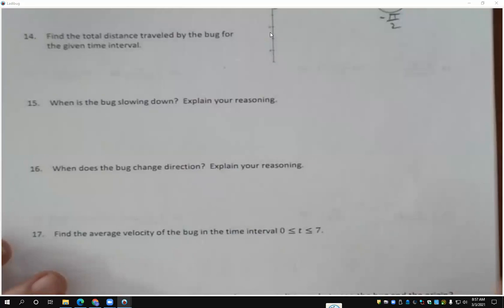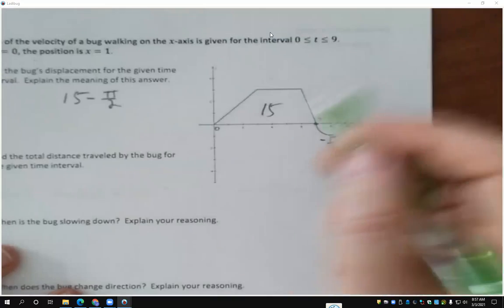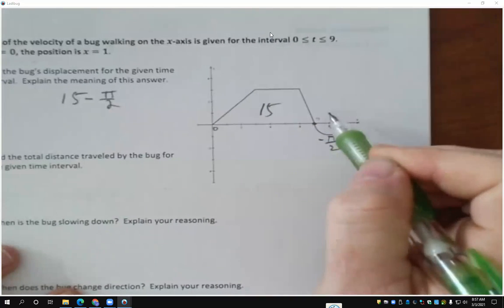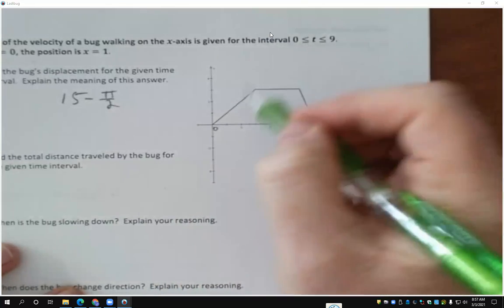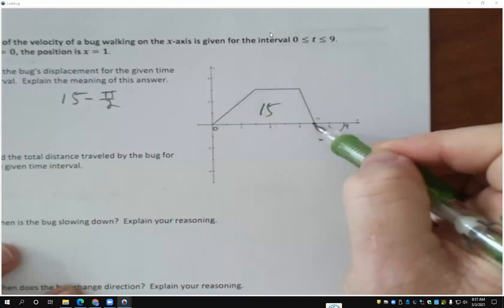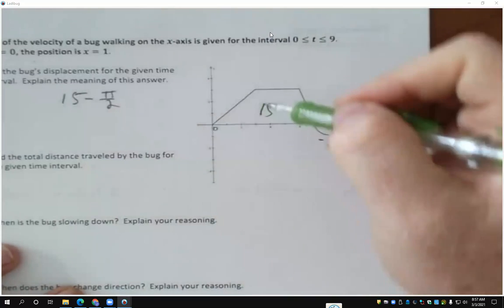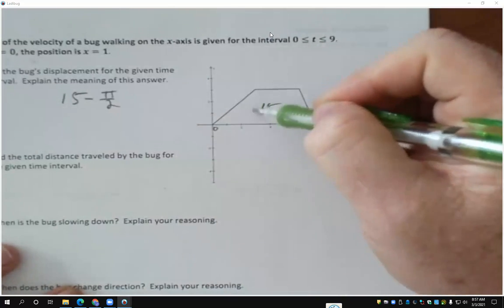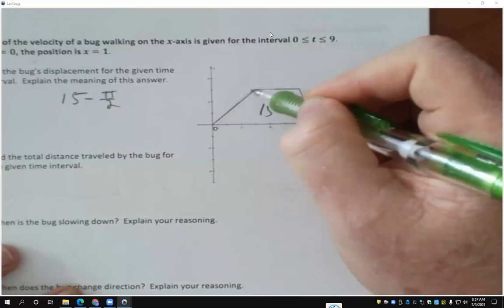So what I'm going to do is look at this graph. This is the graph of velocity. The graph of acceleration, which I don't have, is just the slopes of this. So from 0 to 7, my velocity is positive. From 0 to whatever this number is right here, 3, my acceleration is positive because my slope is positive here.